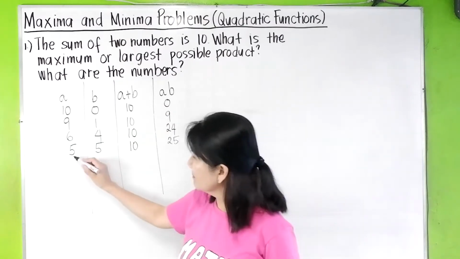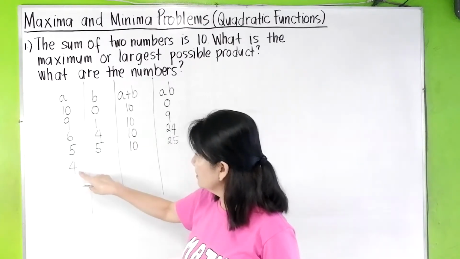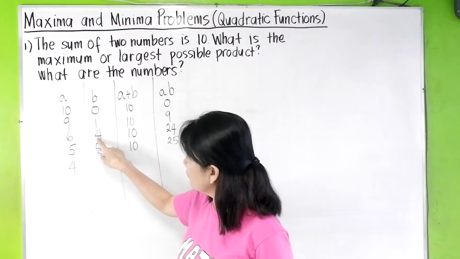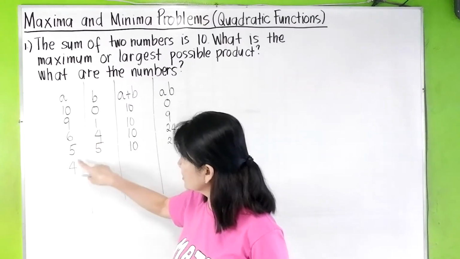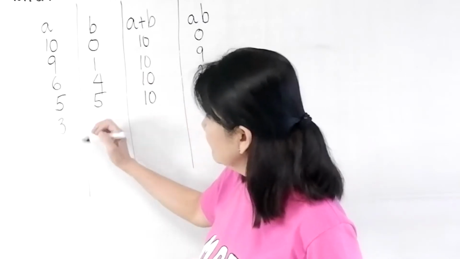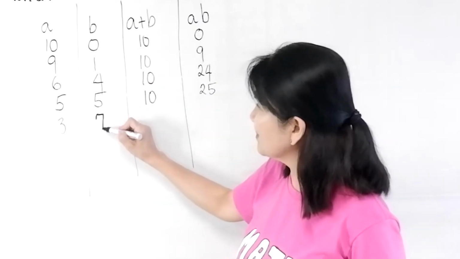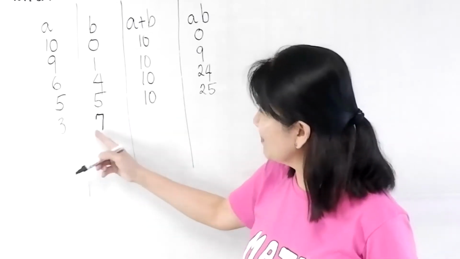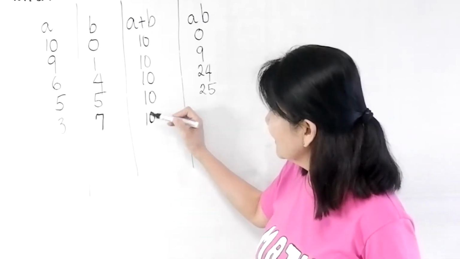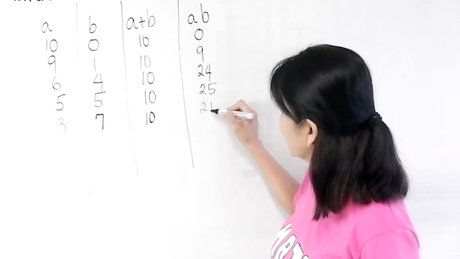Now, let's try another number, let's say 4. But we already have a 4 here. So let's try another one. Let's make it 3. The sum must be 10, so this must be 7. 3 plus 7 is 10. 3 times 7 is 21.